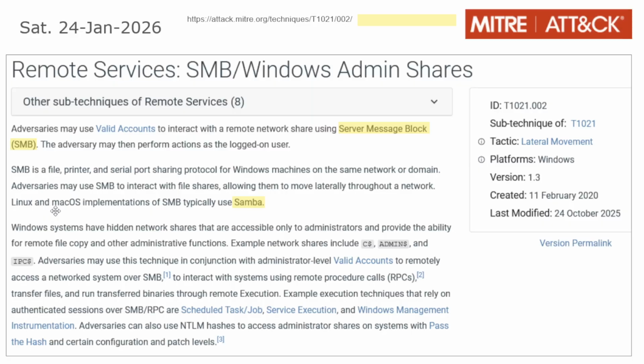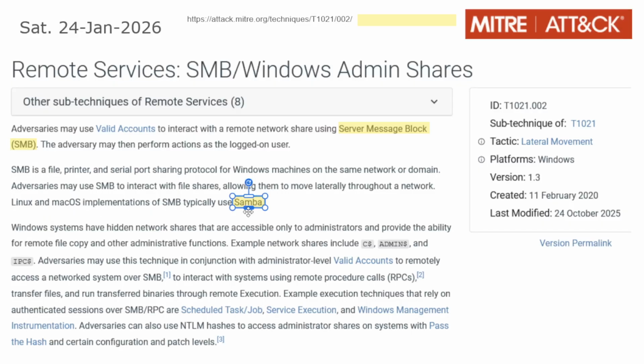And here, Linux and macOS implementations of SMB typically use Samba. That's exactly when I used it from a macOS machine, interacting with a Windows machine using Samba. It's some years ago, so you don't remember the details if you don't use that stuff regularly. But yeah, that's what it is.